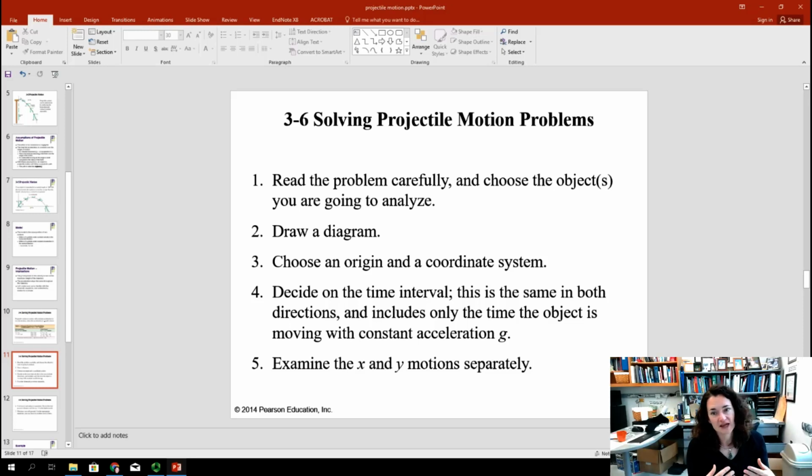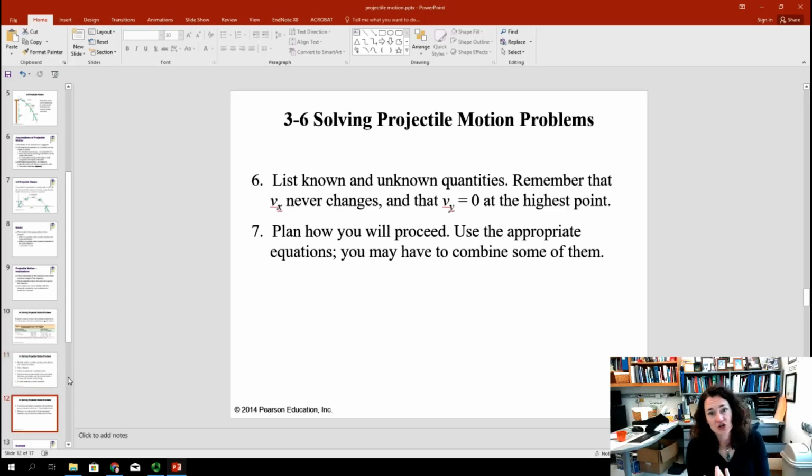Make sure that the only time the object is moving, you've got it under that constant acceleration downward due to gravity of 9.8 meters per second squared. Make sure that you analyze your x and your y equations completely separately. You might even want to make two columns on your paper with an x heading and a y heading. Keep those things separate.